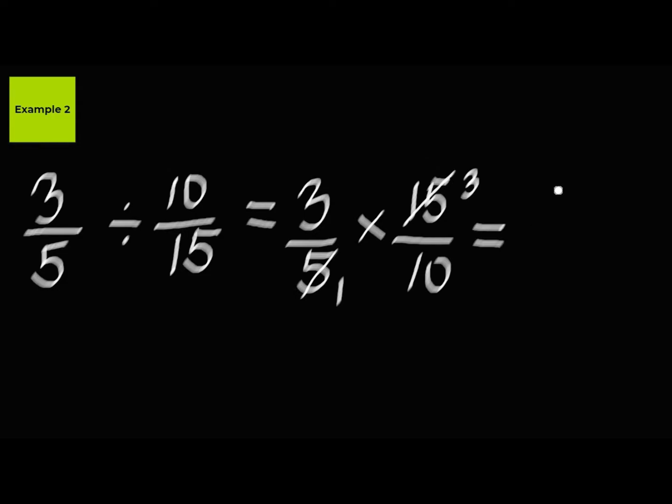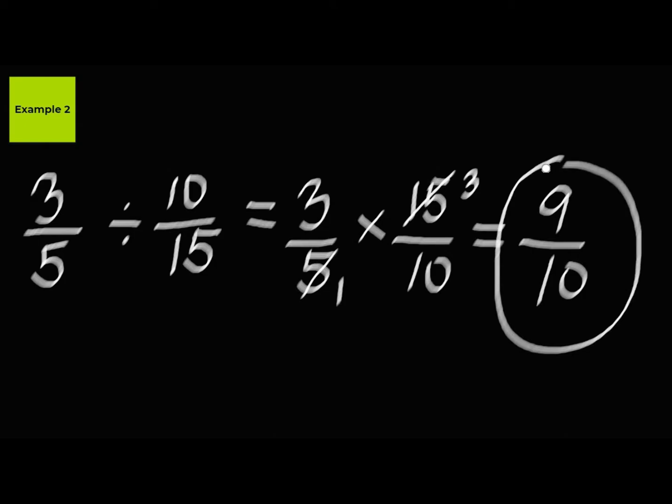Now we multiply the remaining numbers. 3 times 3 equals 9 over 1 times 10 equals 10. The answer to 3/5 divided by 10/15 is 9/10.